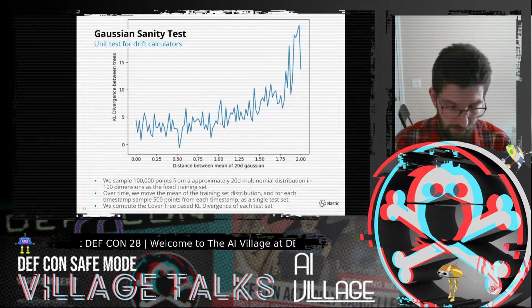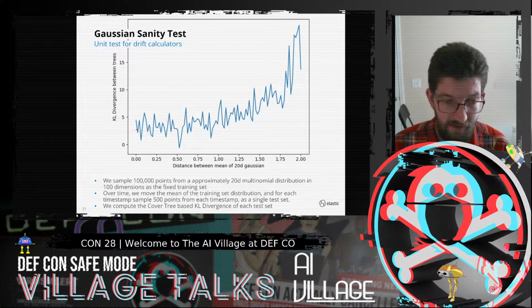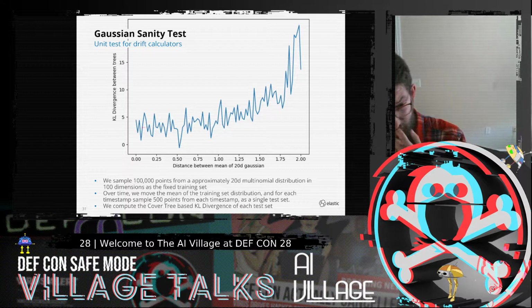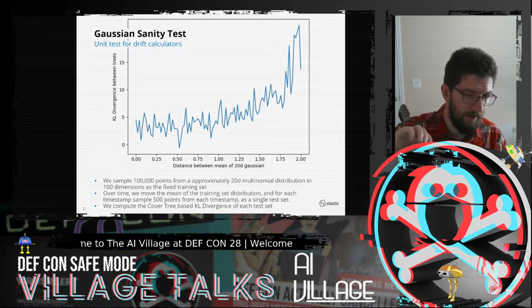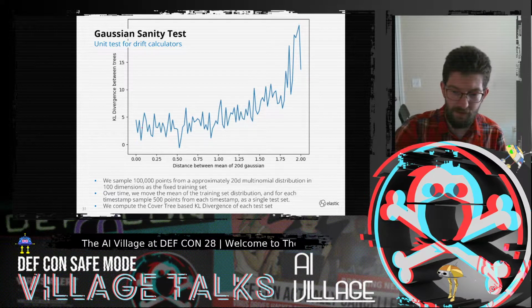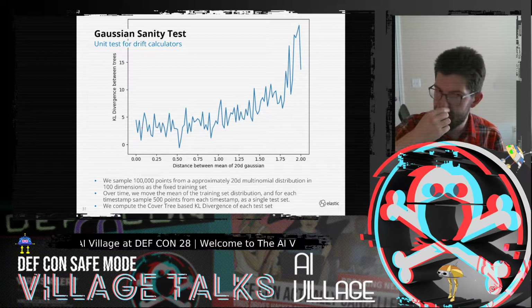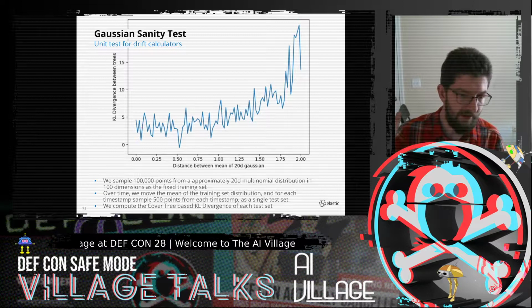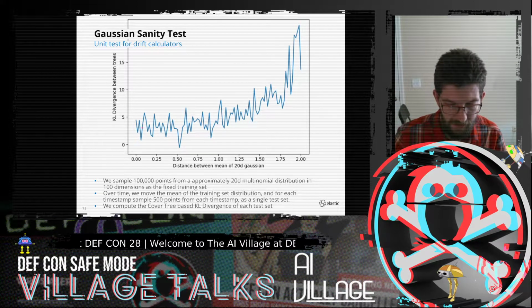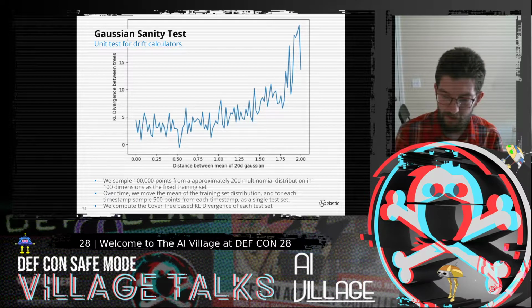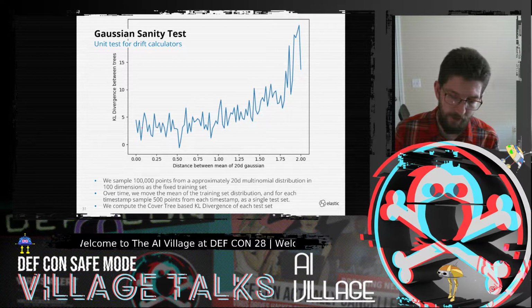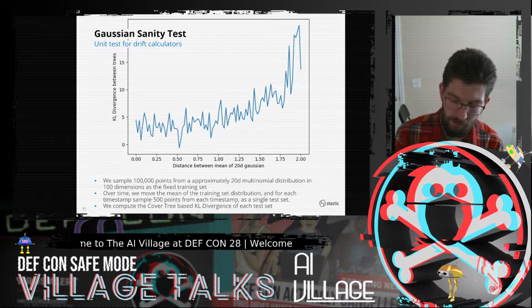This is averaged over a few runs, and you can tell that there's a lot of noise here because the exact position of your nodes matters. You could end up sampling a few too many points from a leaf node that spikes the KL divergence very high, or you could end up in big chunky nodes where, when you update your prior information, your posterior one doesn't change that much, and you have a very low KL divergence.